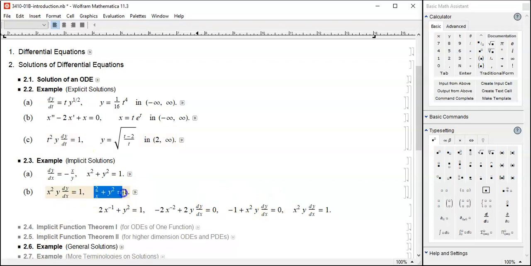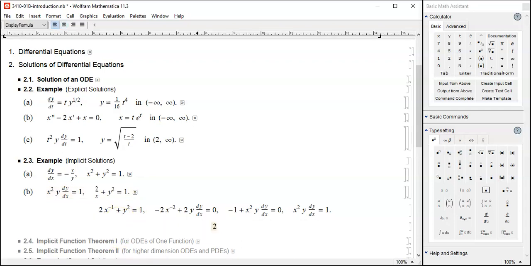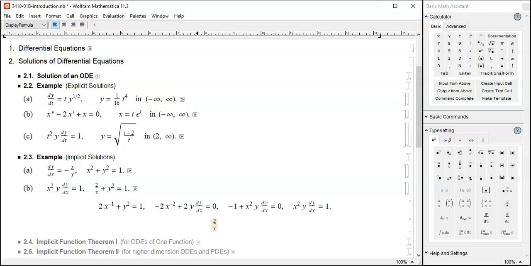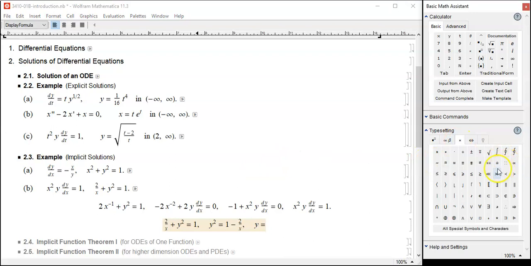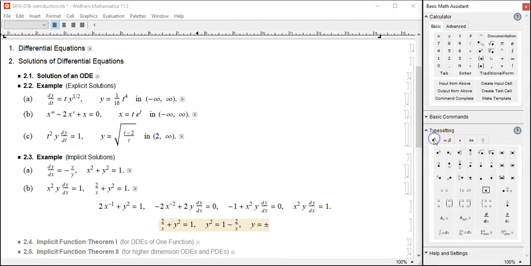By the way, what's the relationship between this and that? Well, here, this one is valid all the way because this is implicit. But if you solve for y here, 2 over x plus y squared is equal to 1. So y squared is 1 minus 2 over x. Therefore, y is plus or minus the square root of 1 minus 2 over x.